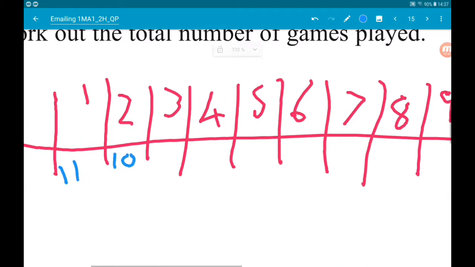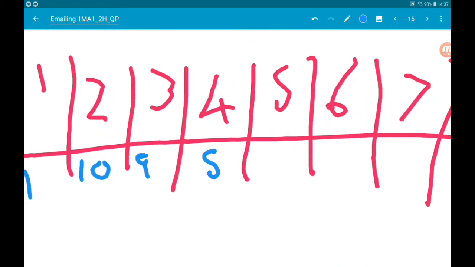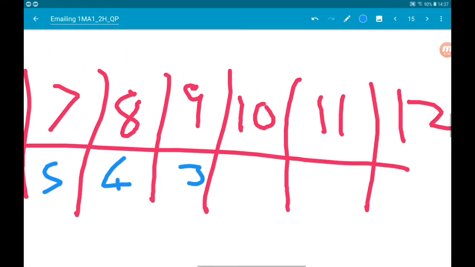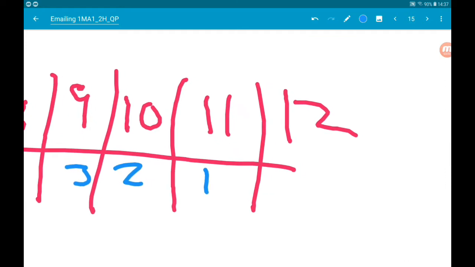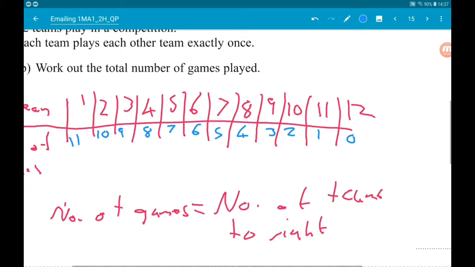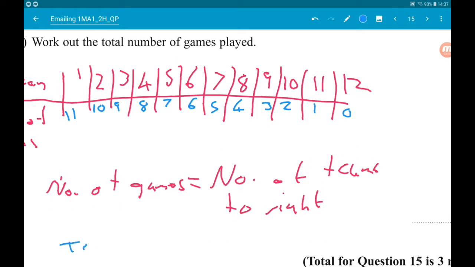And this carries on. So, by the time we get up to team 12, they've already played everyone else, so they have 0 games to play. So, to work out the total number of games, we add all of the blue numbers together, and you should get 66.